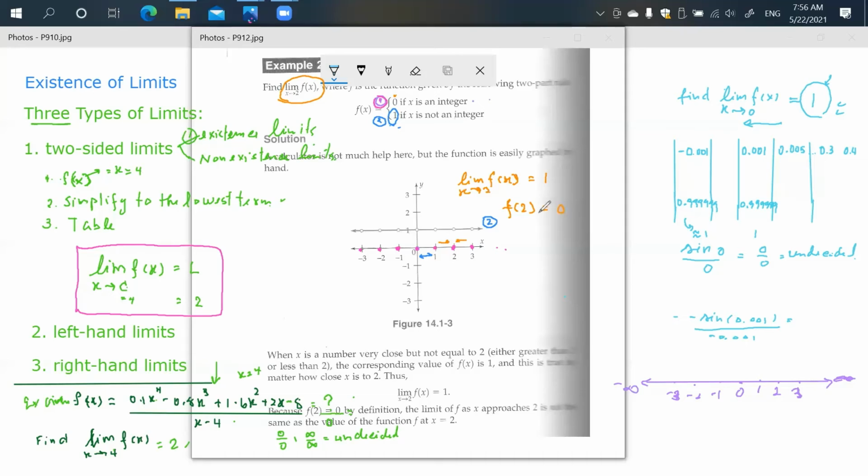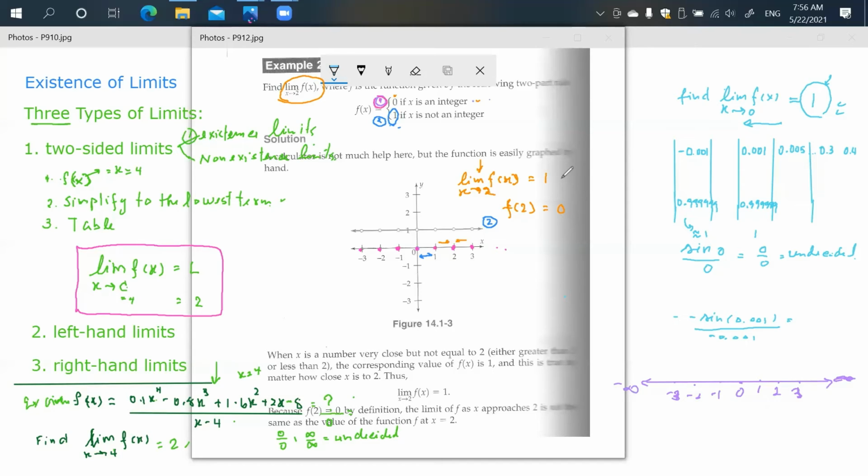This one is the function, but the other one is the limit, so they are not the same. When we evaluate the function f of x when x equals 2, the answer is 0 according to this. But when we evaluate the limit from the left and from the right, approaching 2, the value of the limit equals 1.